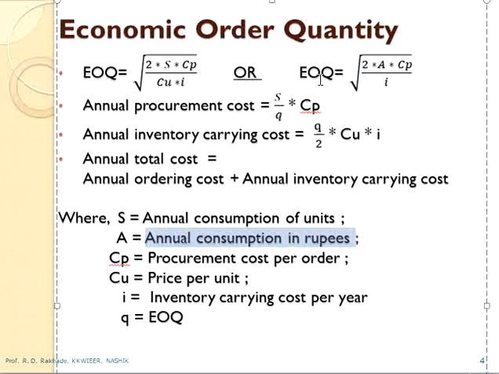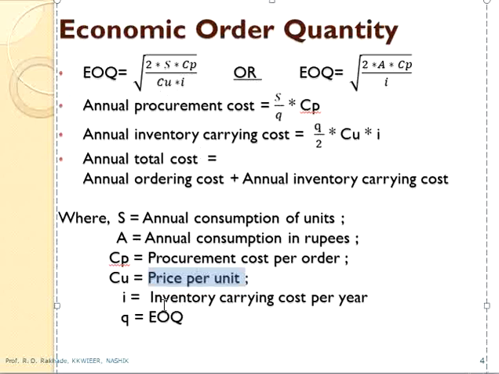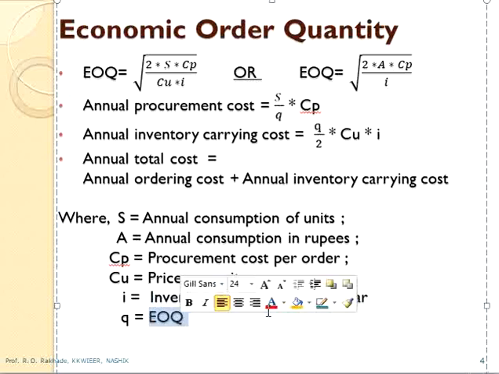So EOQ in terms of rupees and EOQ in terms of units. Then CP means procurement cost per order, or order cost. CU is the price per unit. Then I is the inventory carrying cost per year in terms of percentage. Small q or capital Q is denoted for EOQ, or economical order quantity.